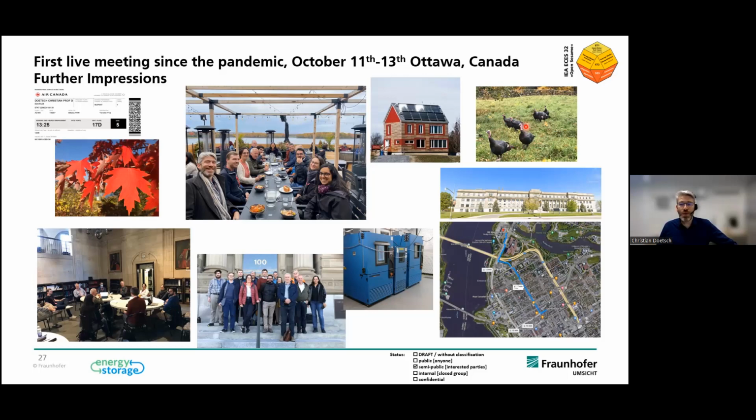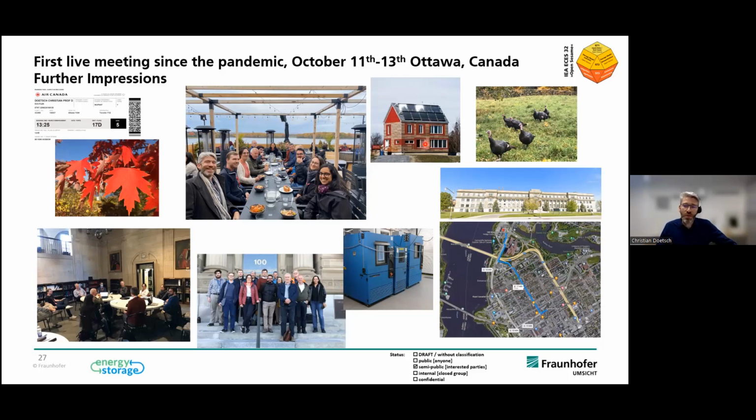And afterwards, we were in this building. It was a battery testing facility. And these guys were totally annoyed by all the wild turkeys around, so it's a different approach to this natural behavior. On the other hand, there was this building from Carleton University.